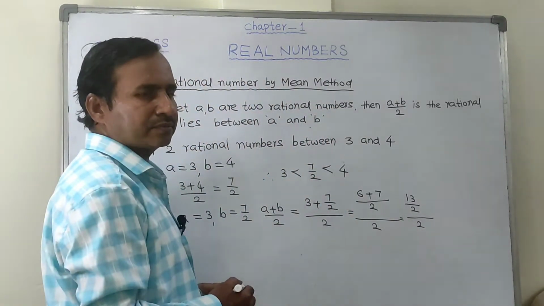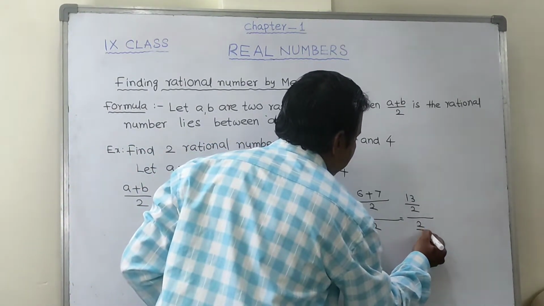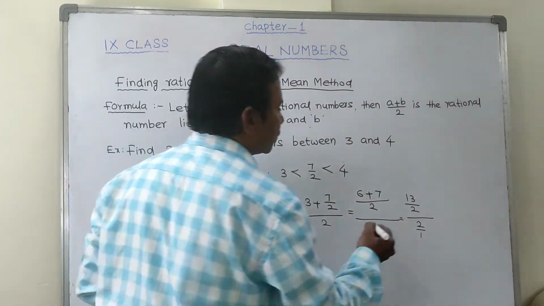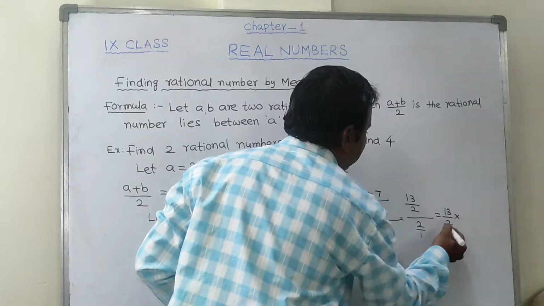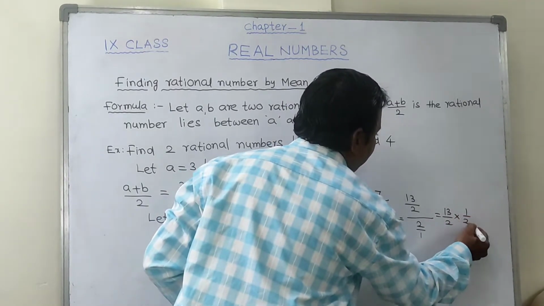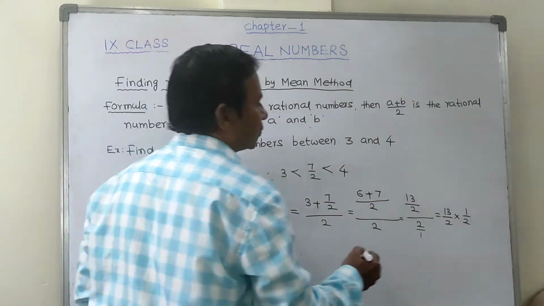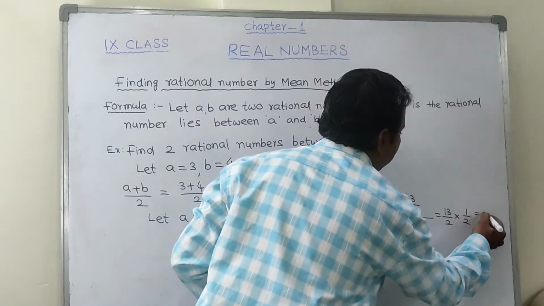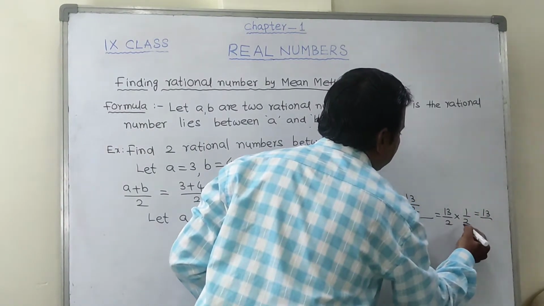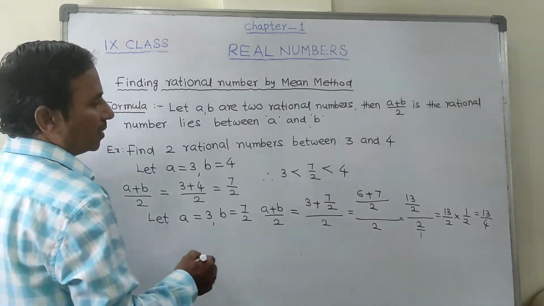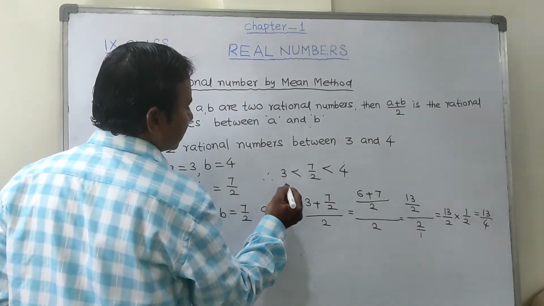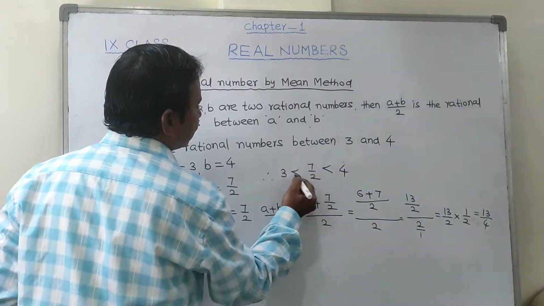You can write this as over 1, so that we get 13 by 2 and the divisor becomes its reciprocal. So 13 ones are 13, 2 twos are 4. 13 by 4 is the middle rational number that lies between these first two.